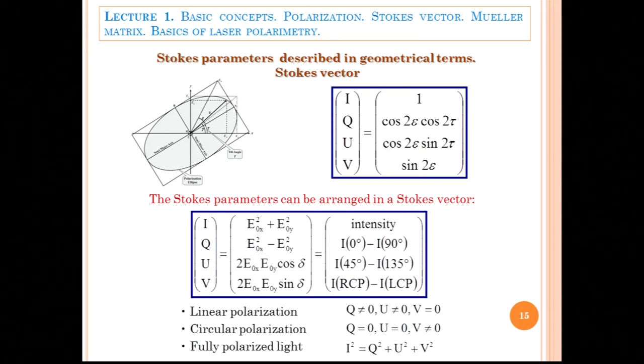What about the fourth parameter? Here it's a little bit harder, I can say, because here we should measure the intensity of the right circular component and left circular component.